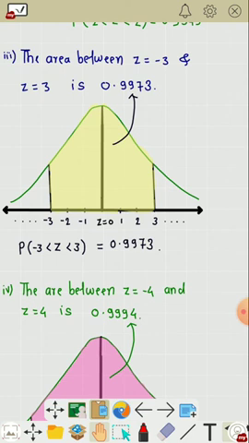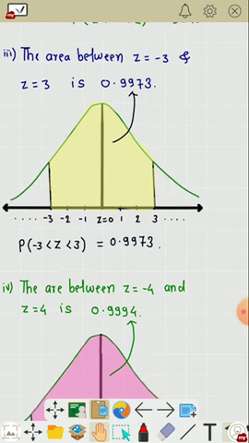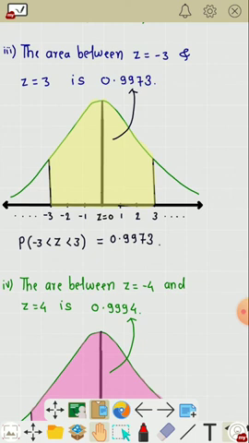The area shaded by this yellow color gives the area between z equal to -3 and z equal to 3. Therefore the probability of variable z from -3 to 3 is nothing but the shaded area, and it is equal to 0.9973.